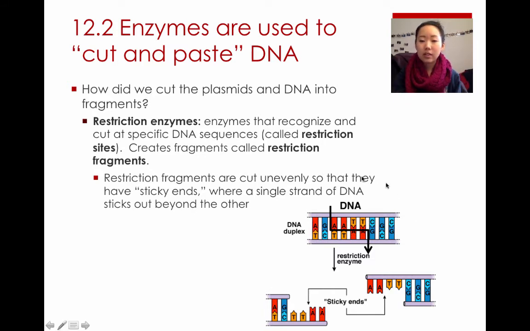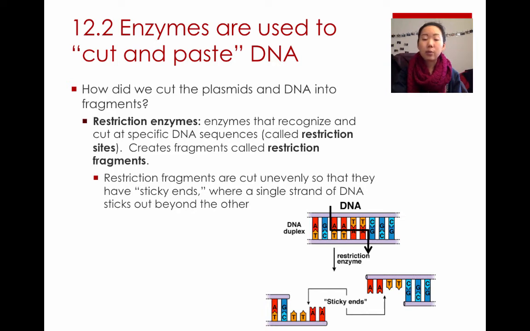So here you can see an example where a specific restriction enzyme might cut right along here. Notice that it doesn't necessarily do a blunt cut where it cuts the two strands equally. It might leave something called sticky ends, which means that one of the strands of the DNA sticks out more than the other one. And this is actually really great.